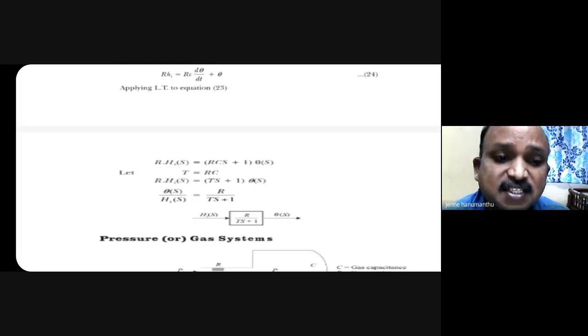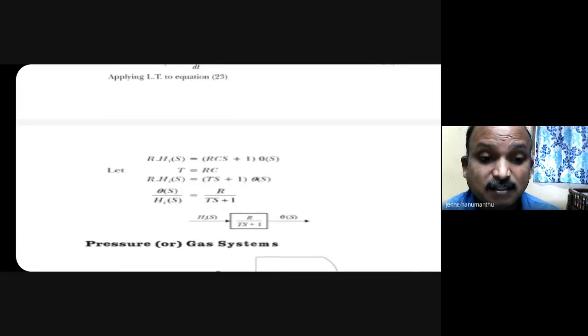Transfer function we are writing as capital R by (Cs plus 1). You can represent the same as a block diagram representing input and output, in between representing a transmittance or gain. This is the mathematical model of your thermal system.